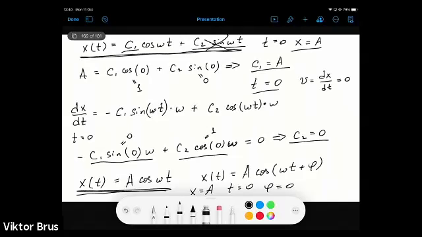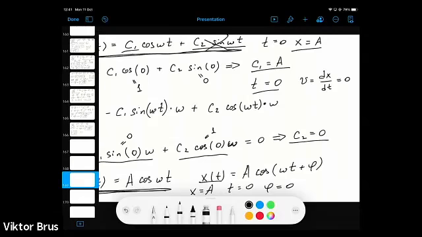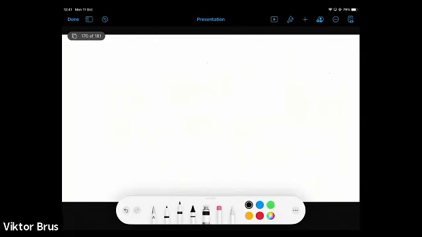So now, next step, since we know the position as a function of time of a particle which undergoes harmonic oscillations, the next step would be to determine its velocity and acceleration as a function of time. So let us do it. Maybe let's write again this equation for x is equal to A times cosine omega t plus phi.